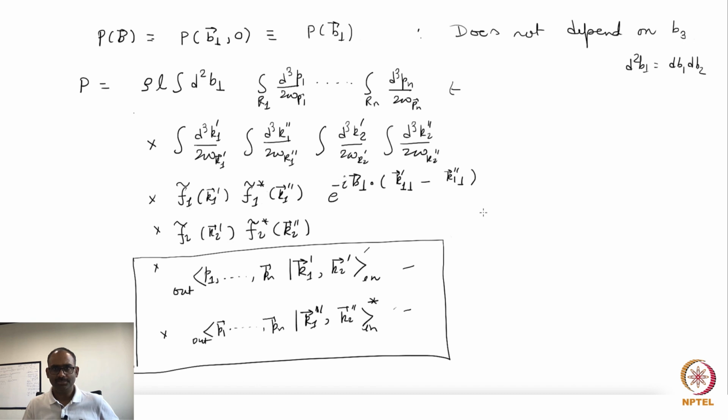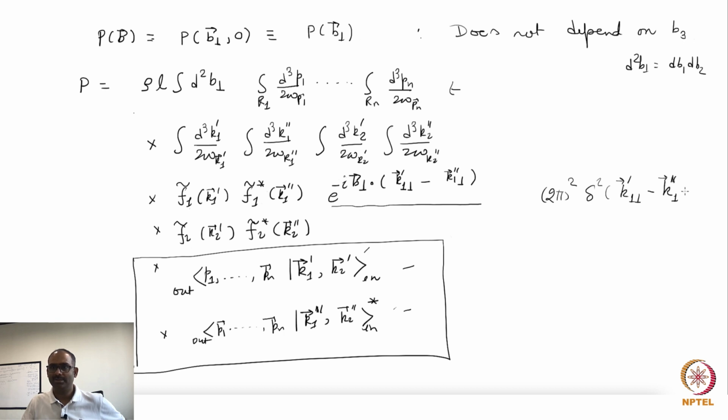Now if you go here and look at this factor, you can integrate trivially over d2 b perp. The integral over this exponential function gives you a delta function, 2 pi squared delta 2 of k1 prime perp minus k1 double prime perp.